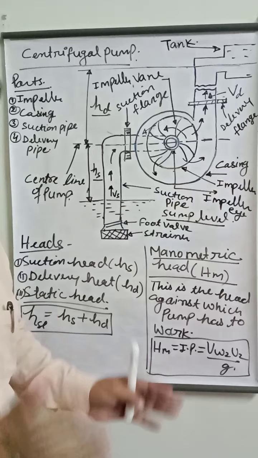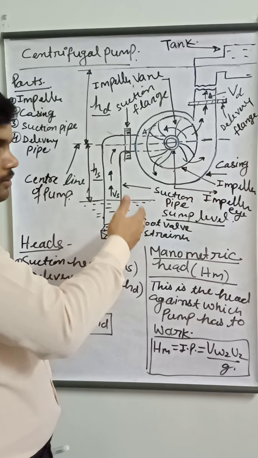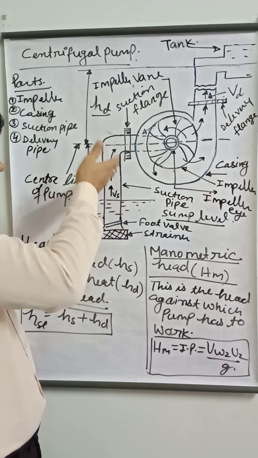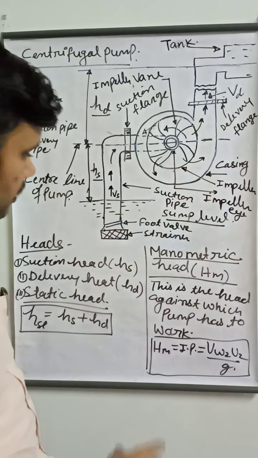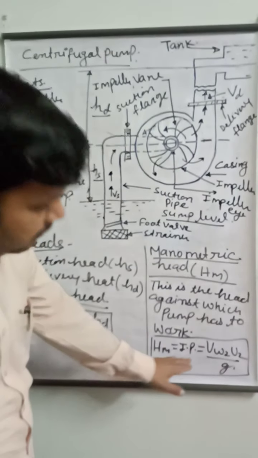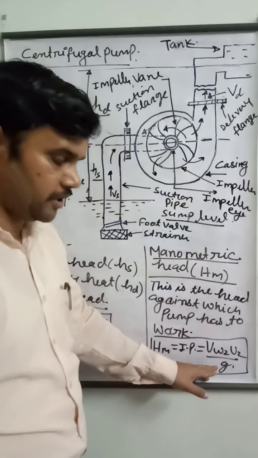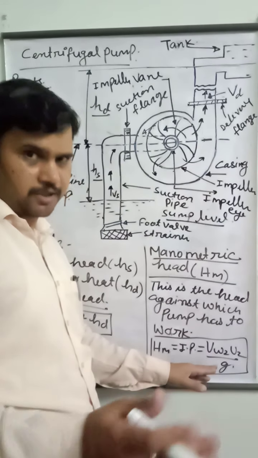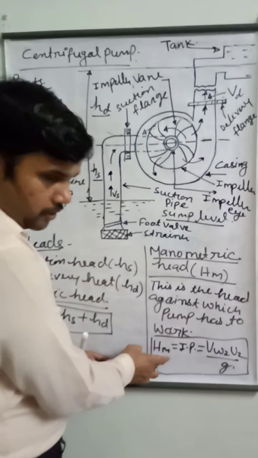Whatever energy is required to suck and deliver the liquid at the desired height is called manometric head. This is very important. And this is equal to the impeller head, that is Vw2 U2 upon g in case of a centrifugal pump, as I discussed in my lecture.